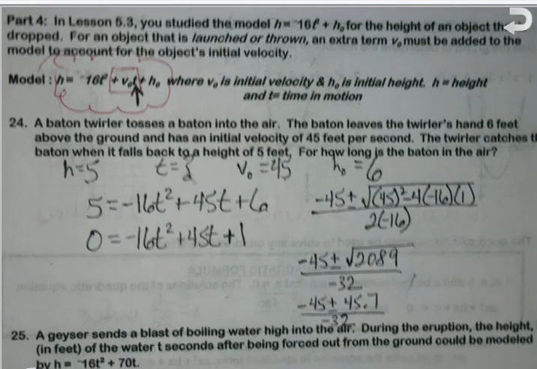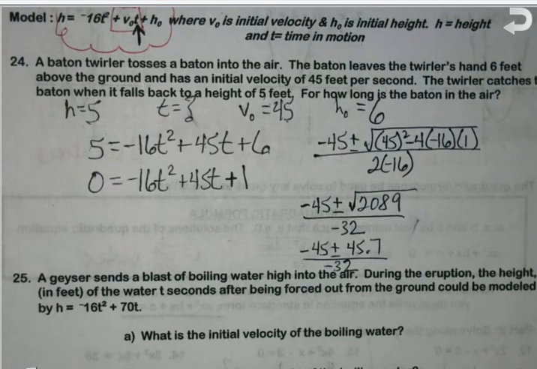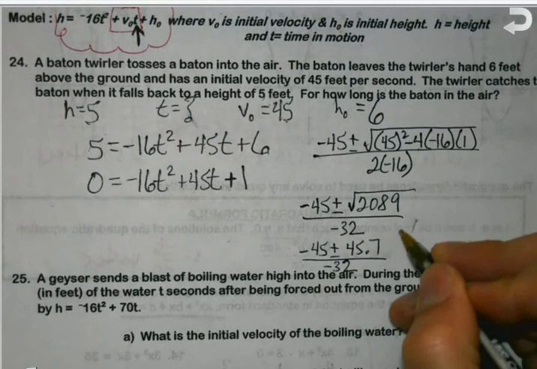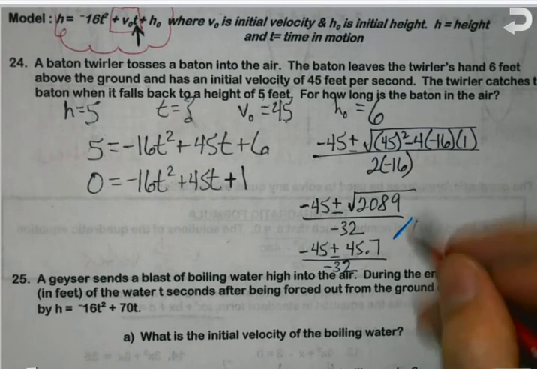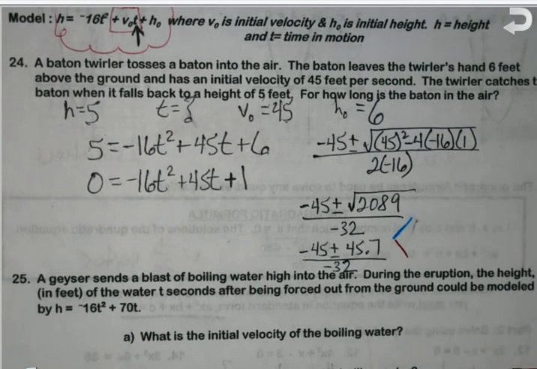Once I get that square root of 2089, again, I'm going to bust this up into 2 pieces, because one of these answers is going to make sense and one of them not so much.